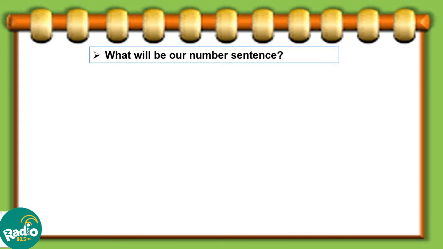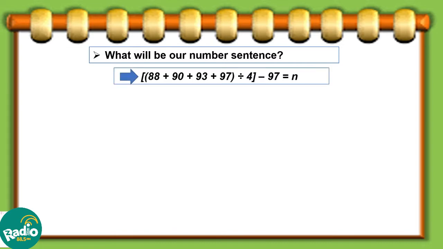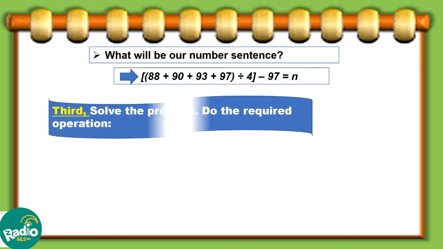Through these operations, we can come up with our number sentence, which is 88 plus 90 plus 93 plus 97 divided by 4 minus 97 is equal to n. Third, let us solve the problem and do the required operation.